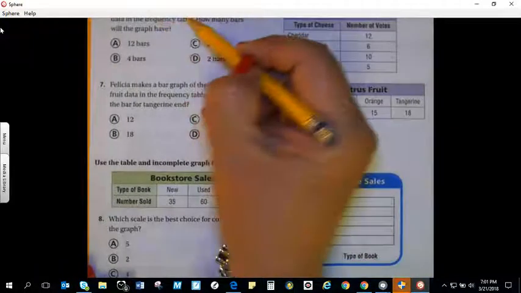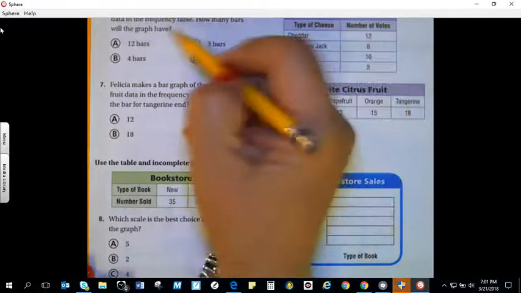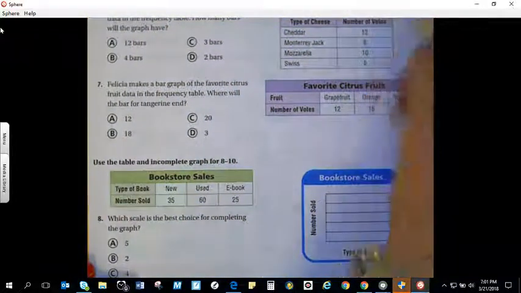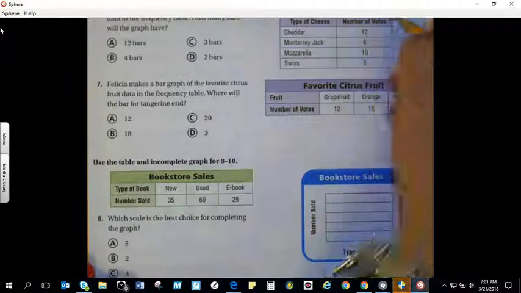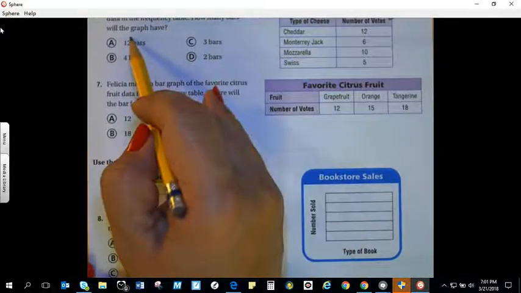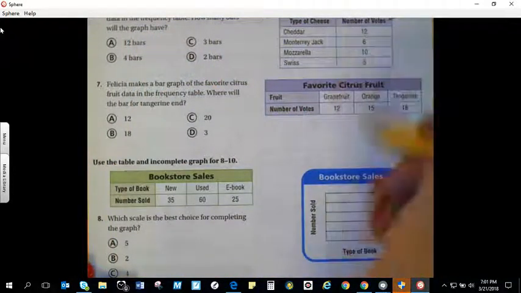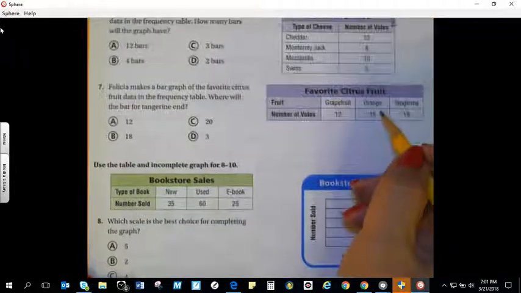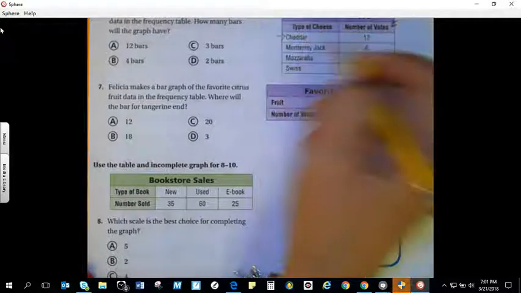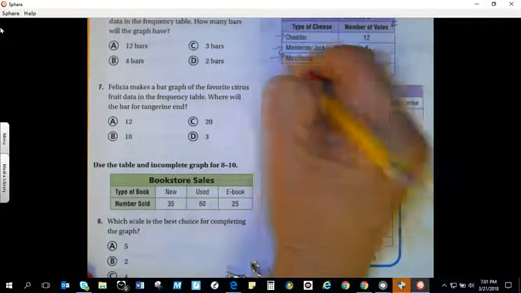Leon makes a bar graph of the favorite cheese data in the frequency table. Frequency table, right? Number of votes. This is your frequency. How often did the cheddar cheese get those votes? How many bars will the graph have? So if we made a bar graph, how many bars will you have? Yes, I'm going to have one for cheddar, one for Monterey, one for mozzarella, and one for Swiss.